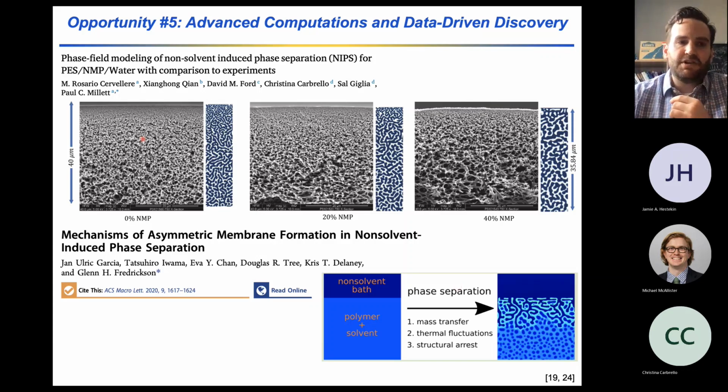And there are emerging phase field modeling techniques that begin to allow us as researchers to bridge from that macromolecular length scale up to the microstructure, the membrane length scale. And as these techniques are developed, we can begin to understand the dynamics of the phase separation process even more, hopefully providing us with improved control over the ultimate structure of the materials that form.